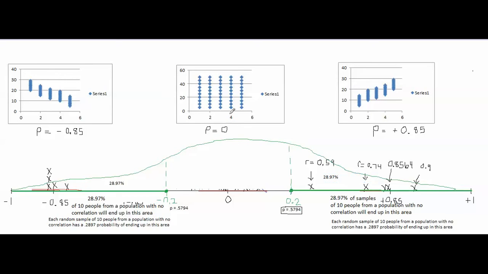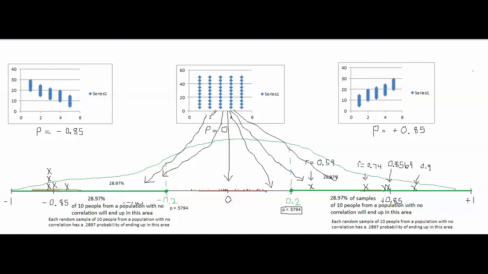So when all of these random samples of 10 people are coming from this population, they're all falling somewhere on this number line. A lot of them will fall in this area near zero, but actually 28.97% of them will end up somewhere out here, and 28.97% of them will end up somewhere out here in this area.